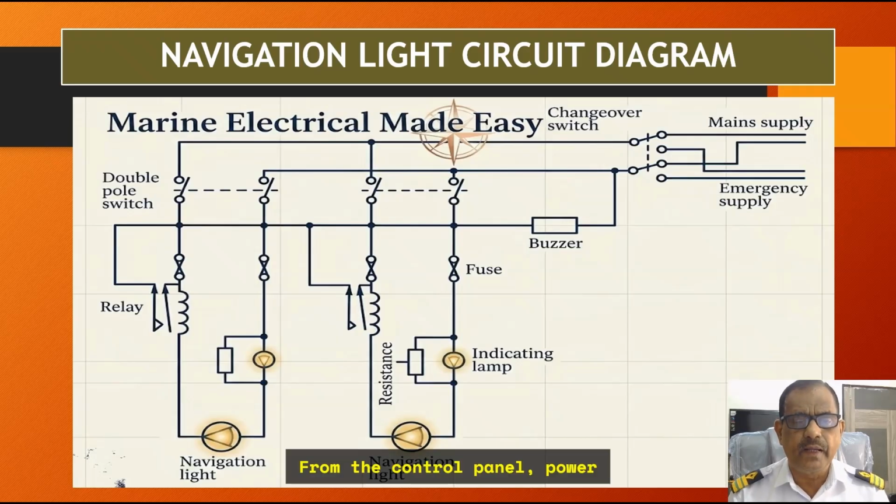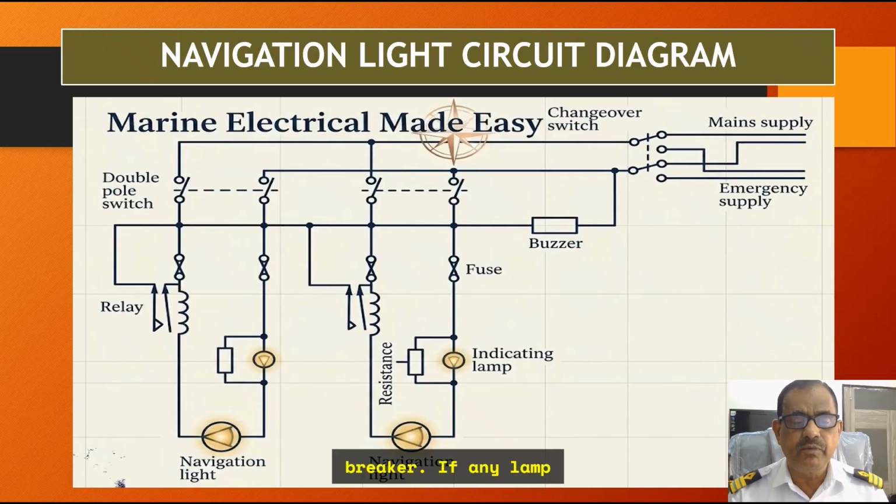From the control panel, power is distributed to different navigation lights such as port light, that is red color, starboard light, that is green color, masthead light, that is white color, stern light, white color and anchor light, white color. Each light is protected by its own fuse or circuit breaker.